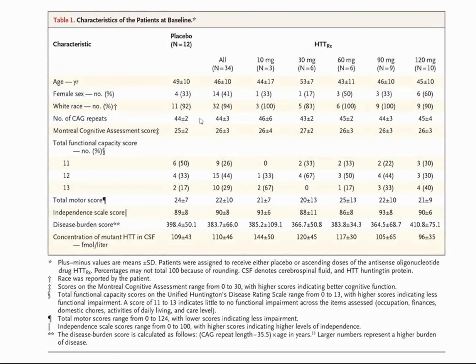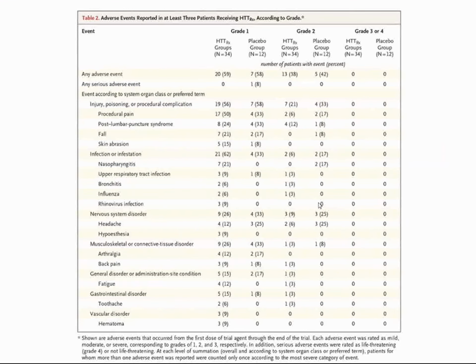Now, the patients had more than 30 CAG repeats, that's shown here, so this is a positive indicator for the presence of Huntington disease. And their Montreal cognitive assessment scores were similar across the groups, and their motor scores were also comparable across the groups.